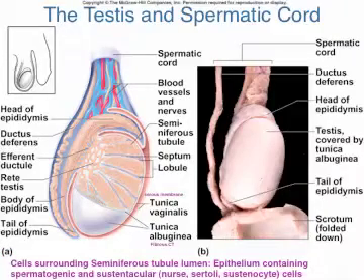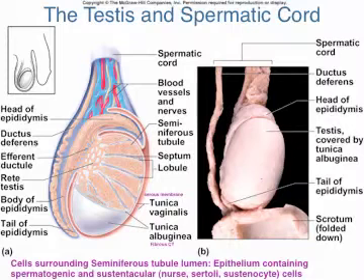And this cartoon shows the testes in a little bit more detail. You can see the head of the epididymis in the cartoon on the right. If you follow the head down, it goes from the head of the epididymis to the body of the epididymis to the tail of the epididymis, and then the beginning of the ductus deferens.